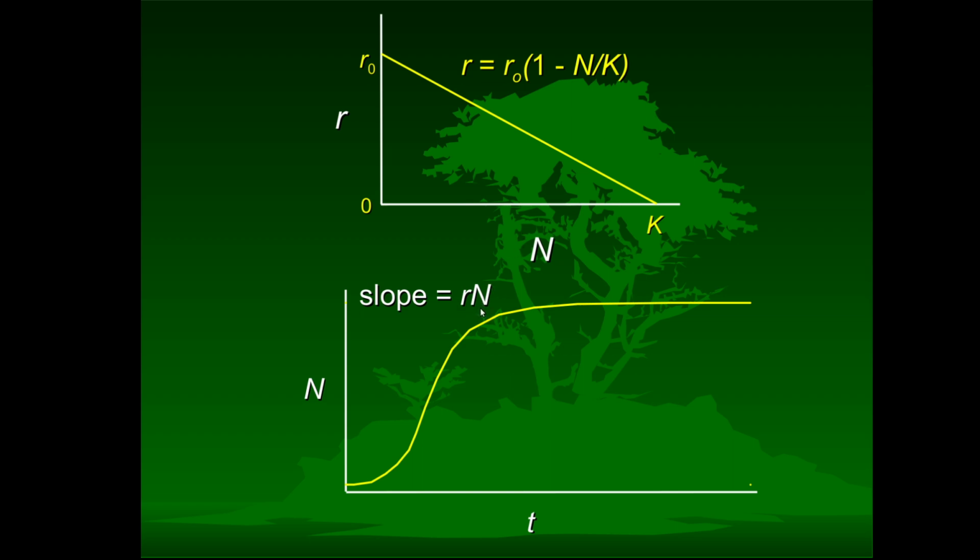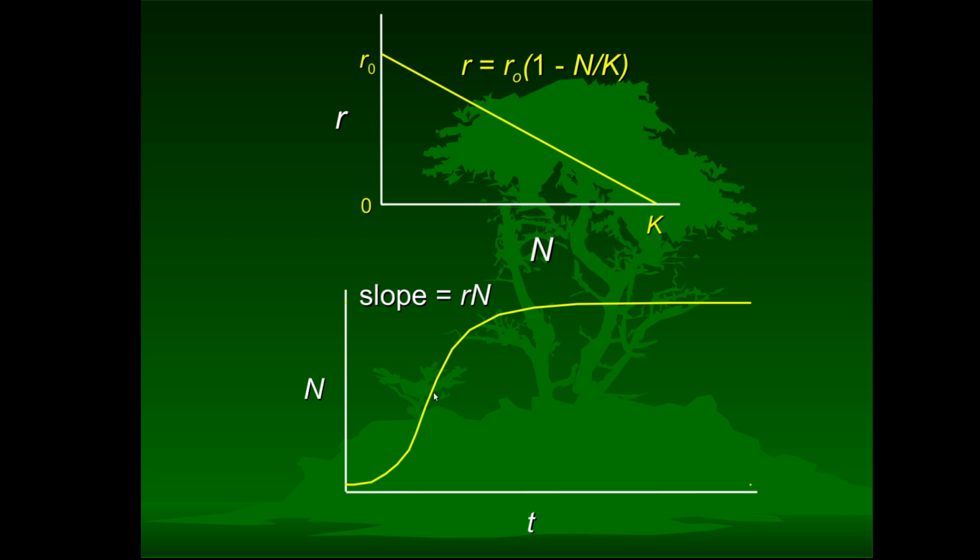Okay, but first, what should this look like, little r times n? Well, for low n, the curve should approximate exponential increase, and it does, approximates an exponential increase right here.